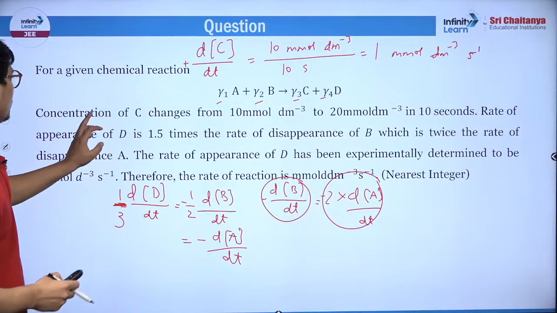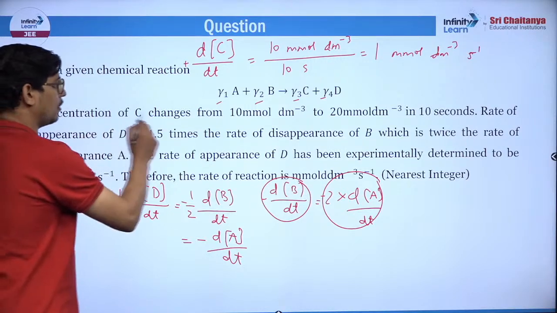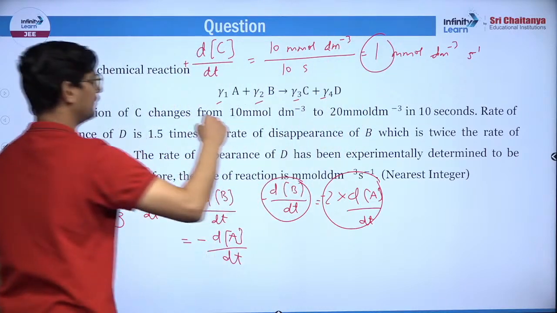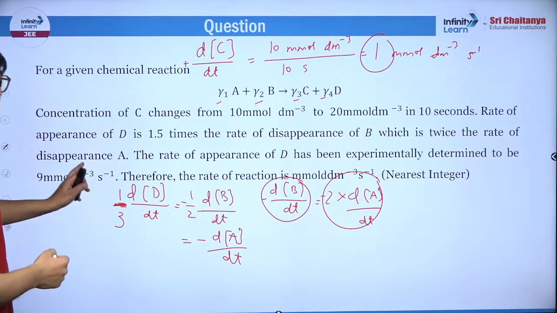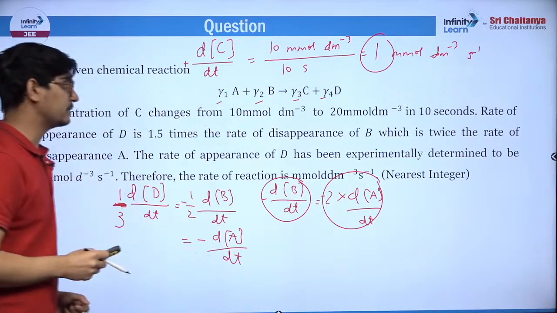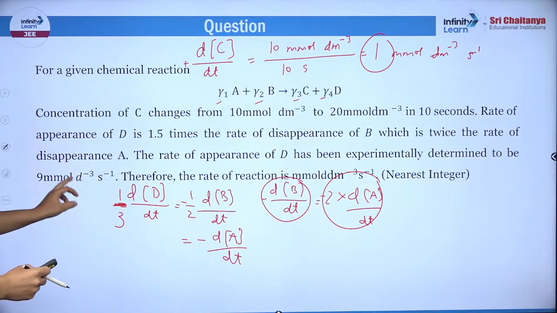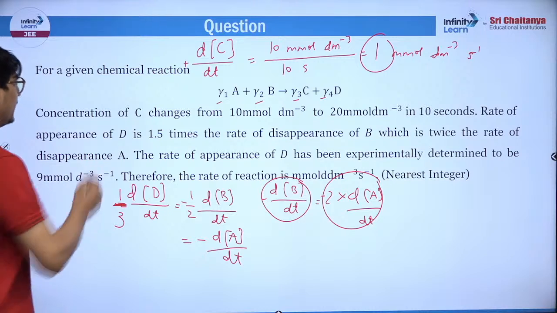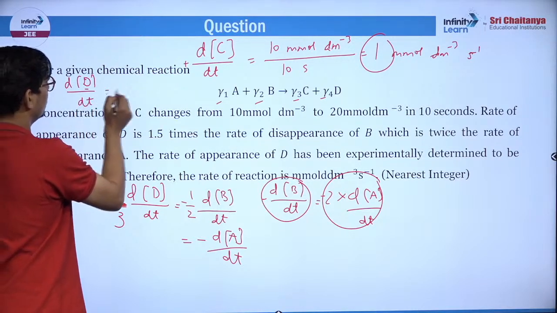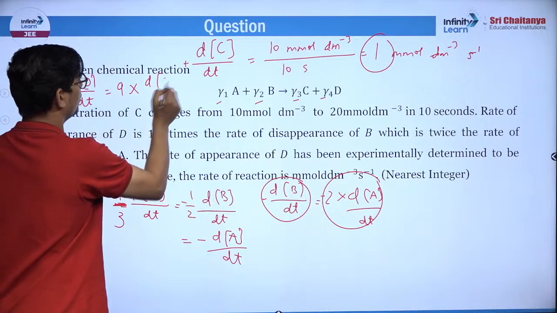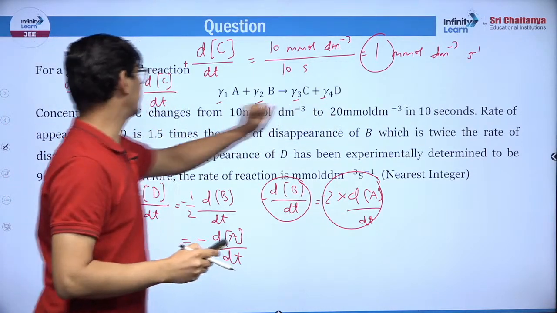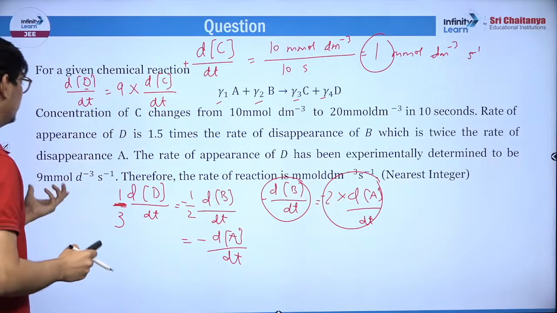Then the rate of formation of C is 1 and the rate of formation of D is 9. Okay, the rate of formation of C is 1 millimole per decimeter cube per second and the rate of formation of D is 9. So can I write that rate of formation of D is 9 times the rate of formation of C, right? Because the rate of formation of C is 1, so rate of formation of D will be of course 9.